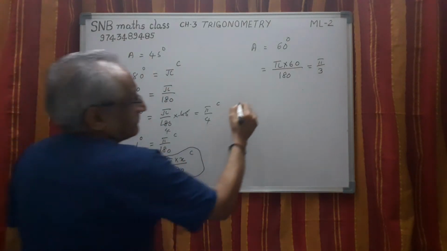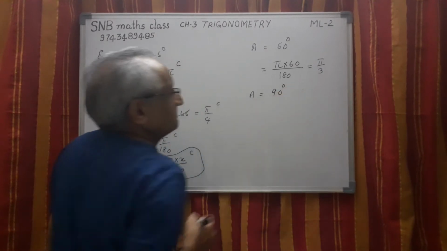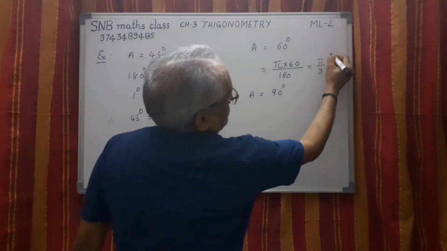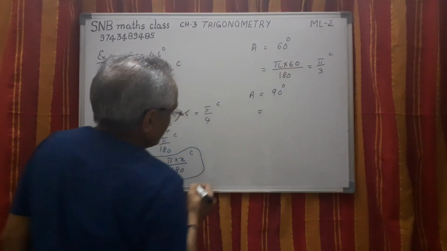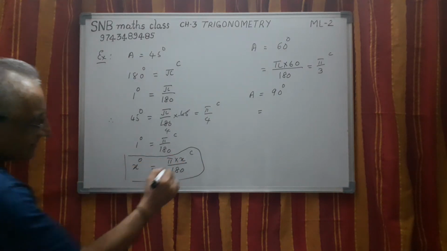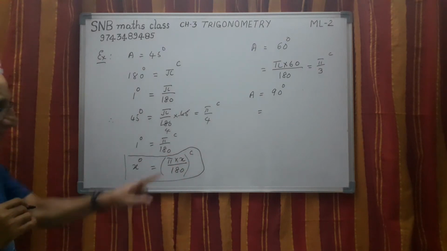Suppose you want to convert A, say 90 degree, into radian measure. Here of course you should write pi by 3 c for the previous one. The formula is x degree will be equal to pi into x. Even you can put a bracket like this if you want, because c should be written here.